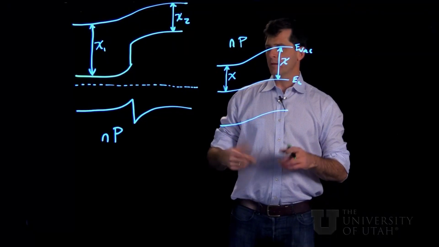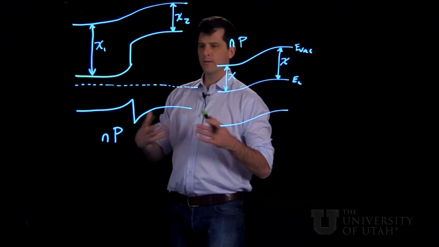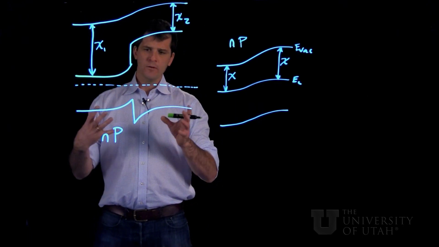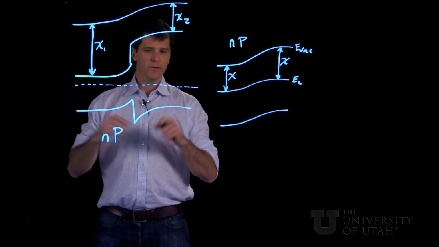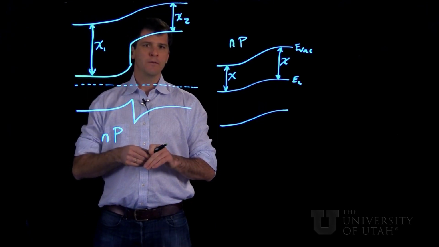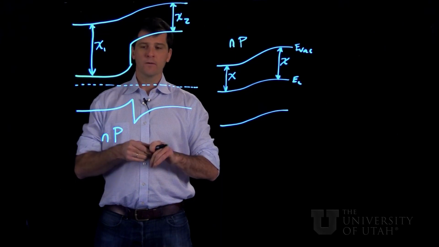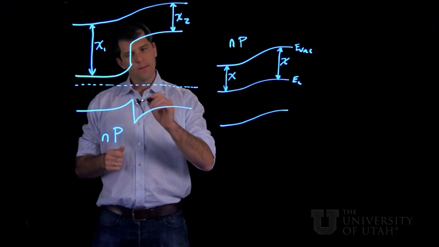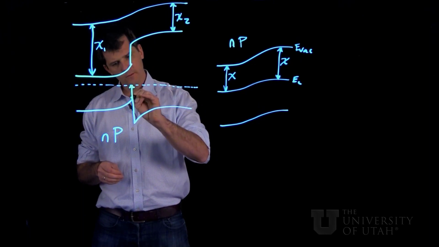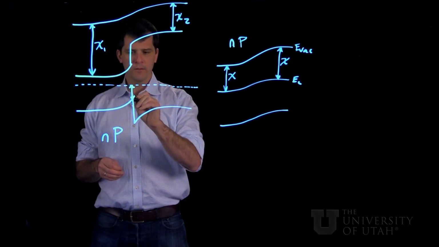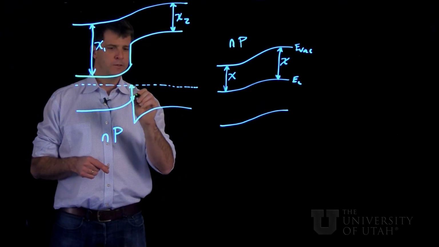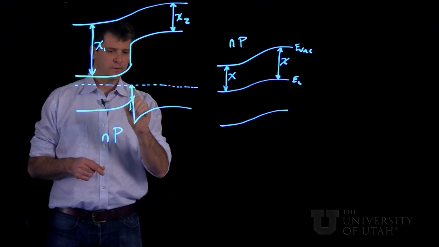Another interesting consequence of these heterojunction band diagrams is that sometimes you can pull large densities of carriers up against a barrier. So we saw a little bit of this happening in the ohmic contact that we talked about just recently. And what I want to point out is the local distance between the band edge and the Fermi level is going to determine the number of carriers here.